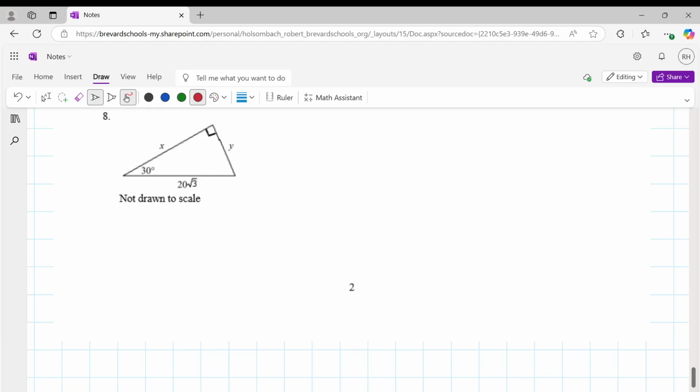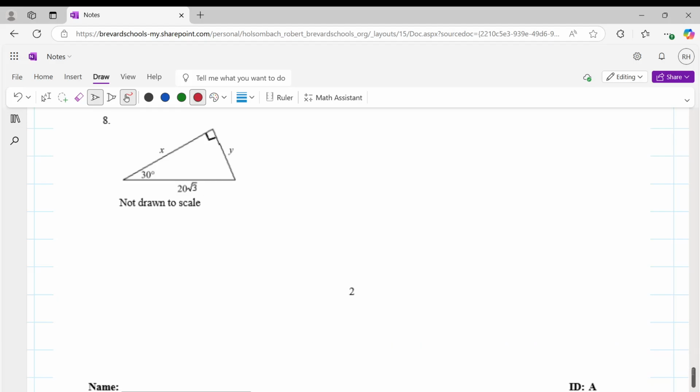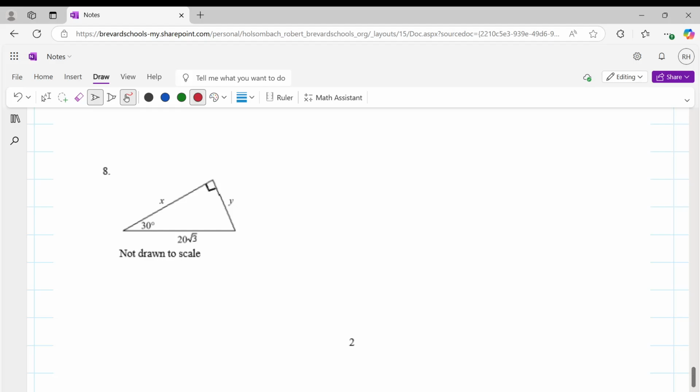All right, same directions for number 8. The side across from the 30-degree angle, that's the short leg. The other leg is the long leg.